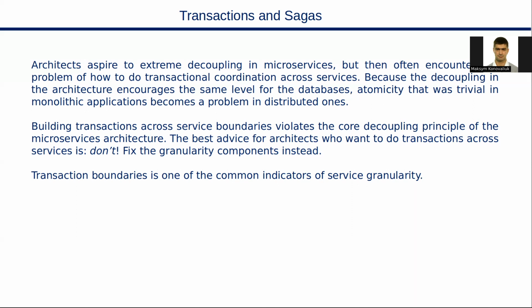So don't expect transactionality between these modules. You can find some articles, some approaches, maybe even some tools that try to do this, but from my experience, they will bring you additional issues. The better decision is to fix granularity. Transaction boundaries are one of the common indicators of service granularity.